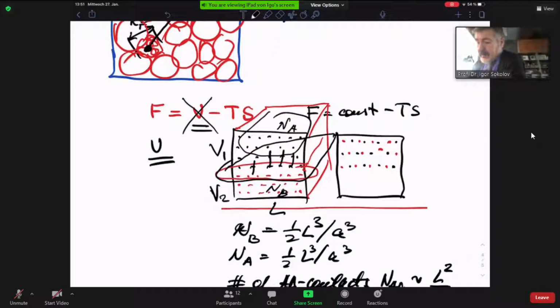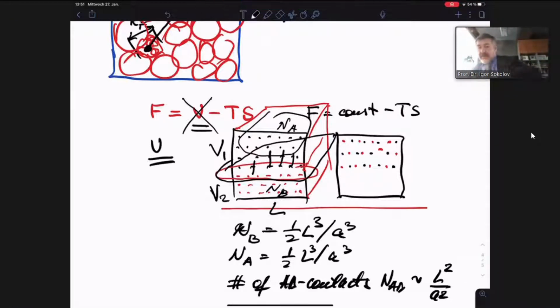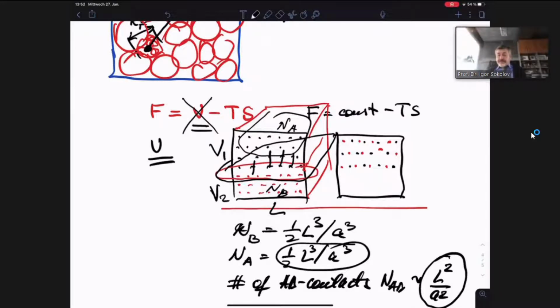This is the number of atoms immediately below or immediately above the surface. And this, for large L divided by a, is considerably smaller than this. So in the case of separated substances, NAB is very small.